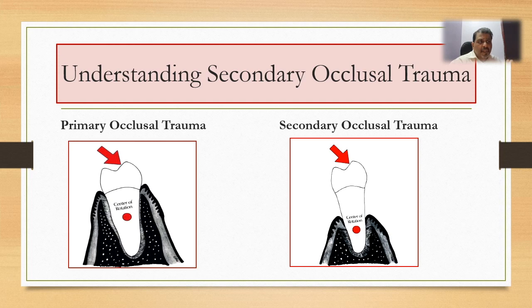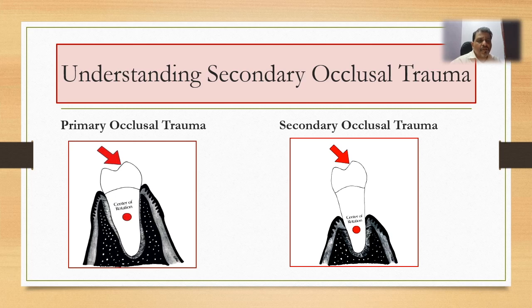Now, this primary occlusal trauma can be frequently corrected by reducing and correcting the increase in the amount of occlusal forces that are being brought to bear onto the periodontium. On the other hand, there is that which is classified as secondary occlusal trauma.